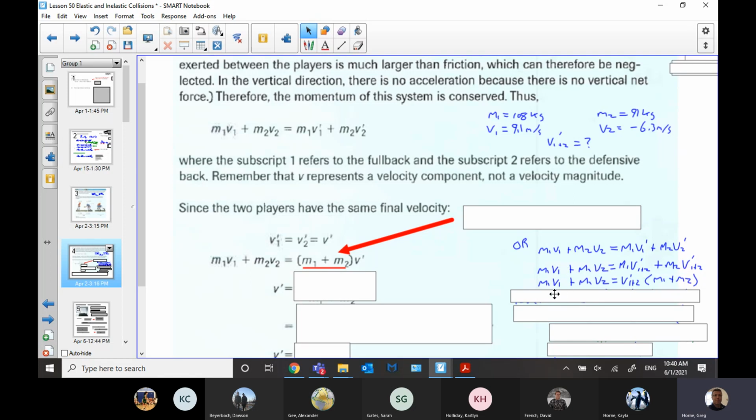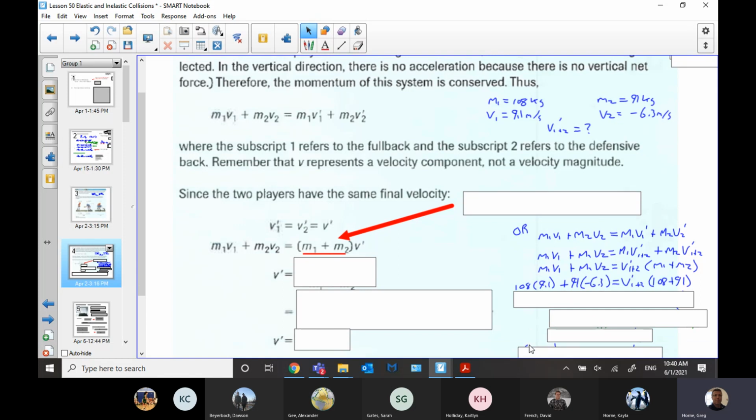So at this point, just fire numbers in. You've got your masses and your velocities, fire it all in. The 108 and the 91 went in for M1 and M2 respectively, and the velocities that we know went in, and the velocity we don't know is missing, and it's just algebra at that point to solve for the combined velocity.